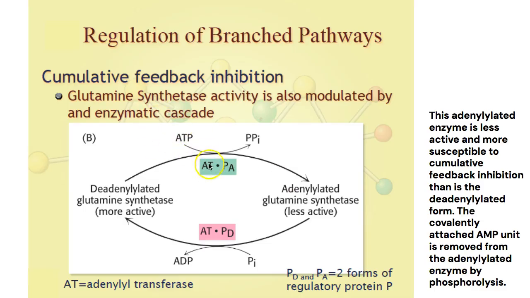And that shows right here, where you have your phosphorolysis. That means that a phosphoryl group is being added. So from there, this enzyme, the deadenylated glutamine synthetase, is more activated.